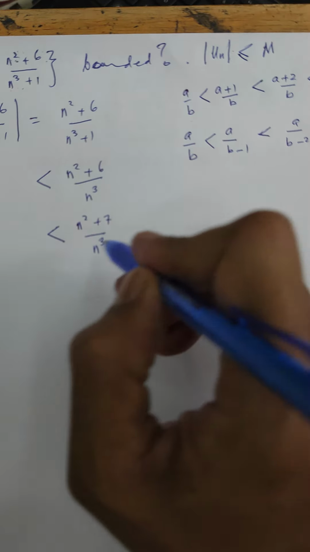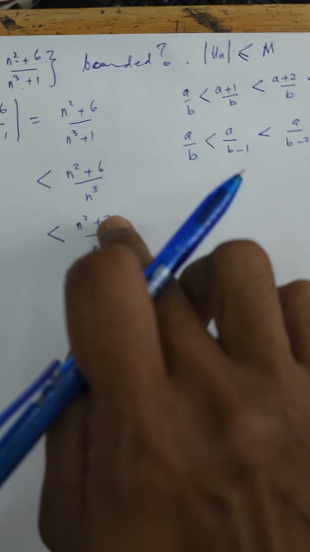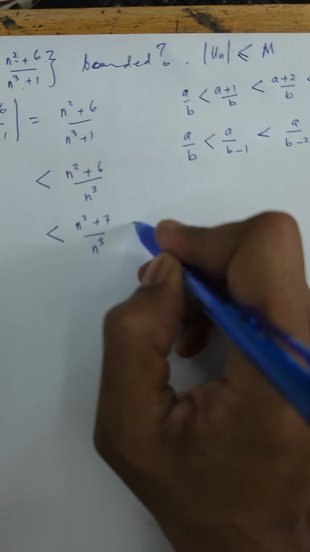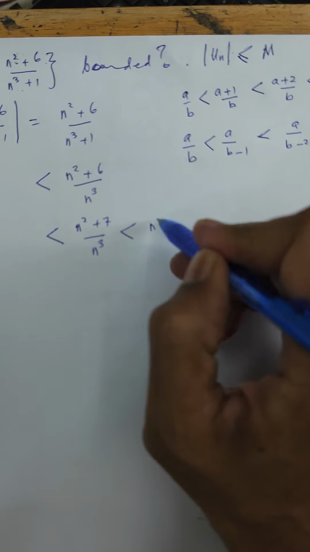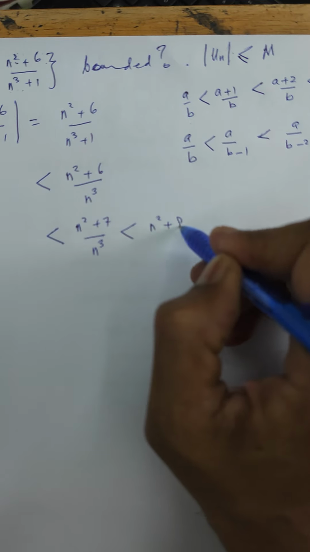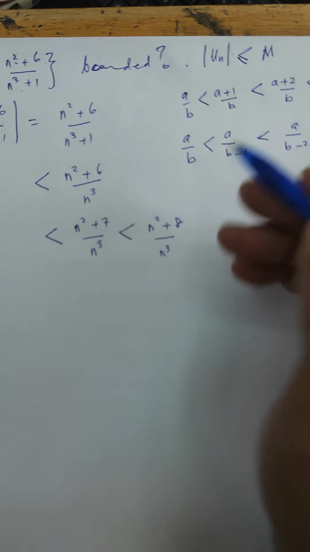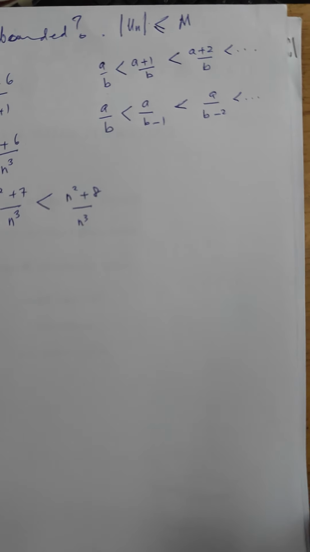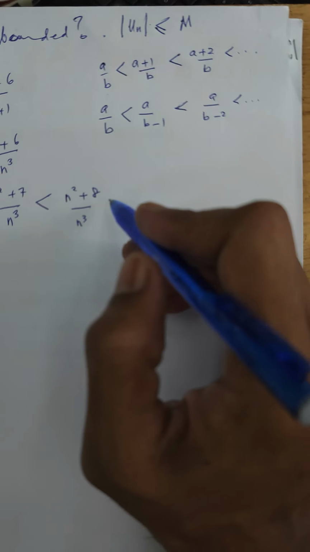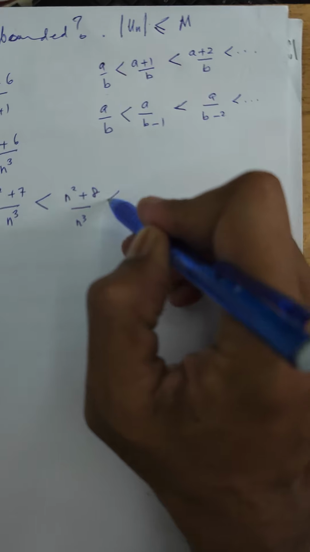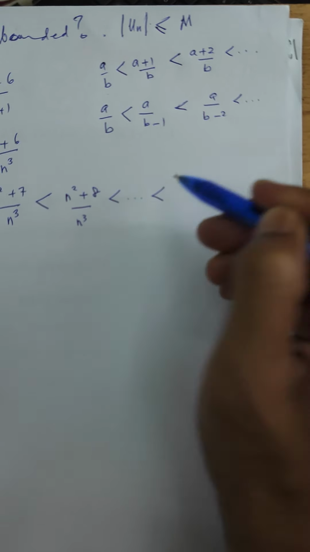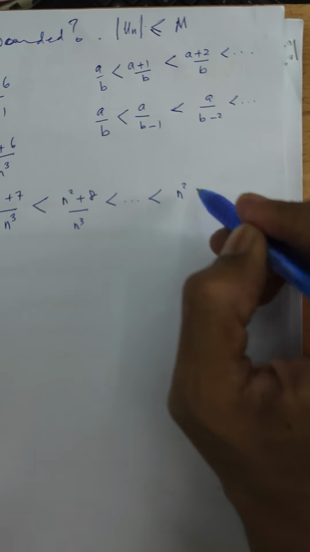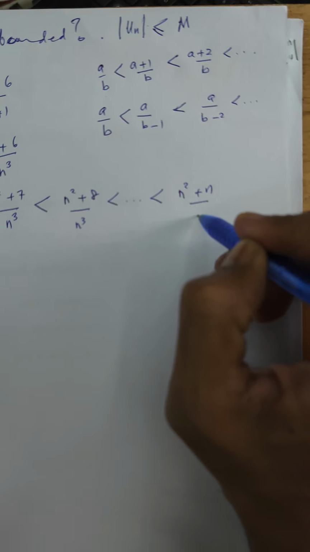Now, you can keep on increasing the numerator. You can have n squared plus 8 over n cubed, and again this is true. You can keep on doing this until you have n squared plus n over n cubed.